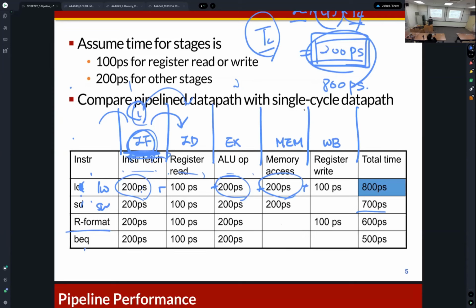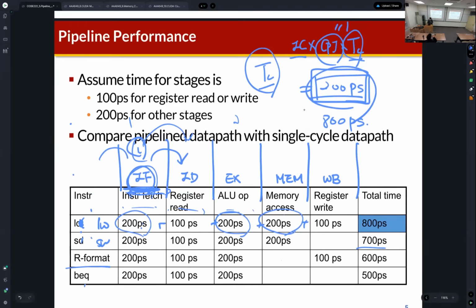So actually, this longest delay, the 800 picosecond, is divided into the multiple stages of the pipeline architecture. So in this example, the clock period is reduced to 1/4. So ideally, if this pipeline architecture is applied, the speedup by the pipeline architecture is 4, right? Because the clock period is reduced.